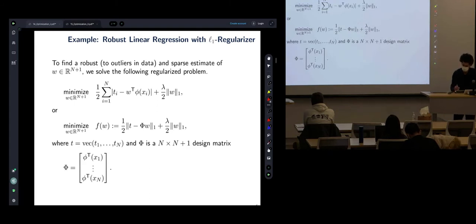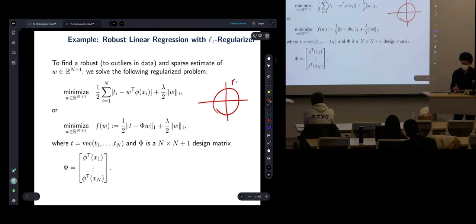In other words, if you draw the L2 norm, that will define a 2D ball. So if the norm is less than some distance, this will be a circle, right?